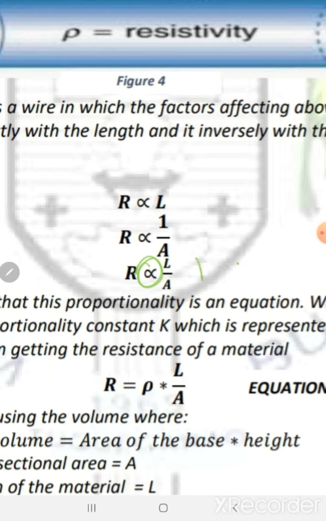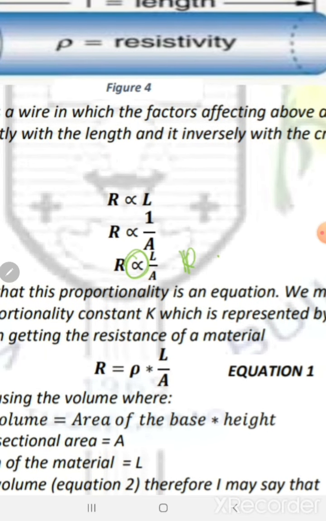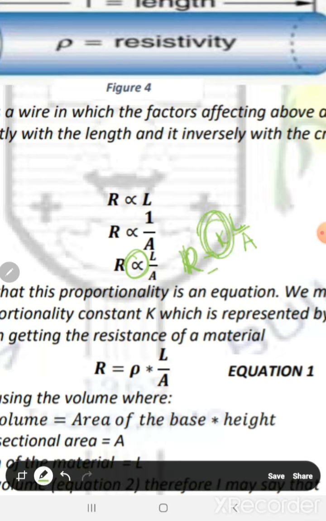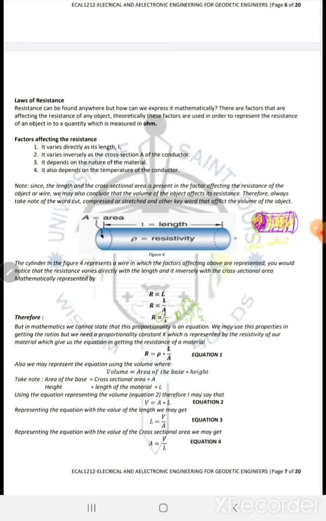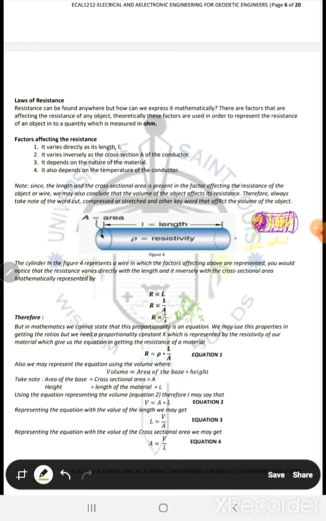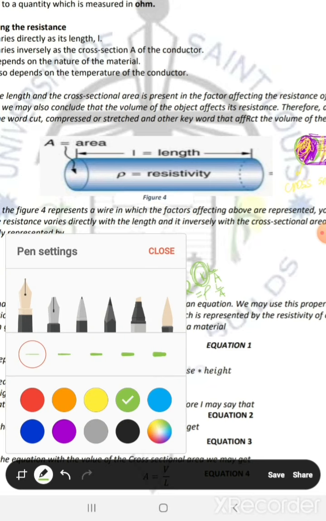And that constant will make this equation equal to R is equal to K multiplied by L over A. But this constant can be related into your rho. Rho L over A. Alright? Next, this will be your equation 1.